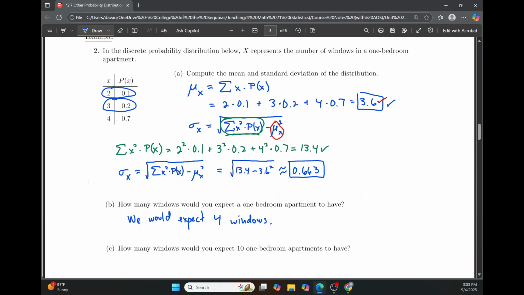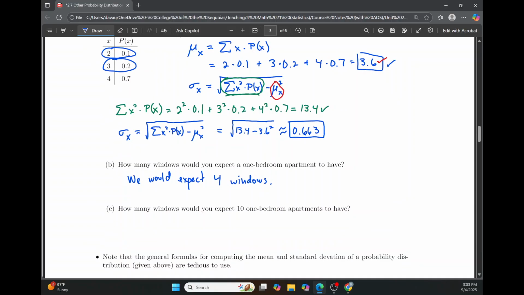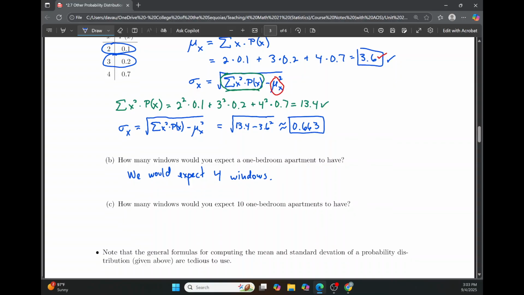Part C says, how many windows would you expect 10 one-bedroom apartments to have? If you took the total number of windows in 10 one-bedroom apartments, how many windows would you expect? And you might think 40, because 10 times 4 is 40. But remember that 4 was not the mean. 3.6 was the mean.